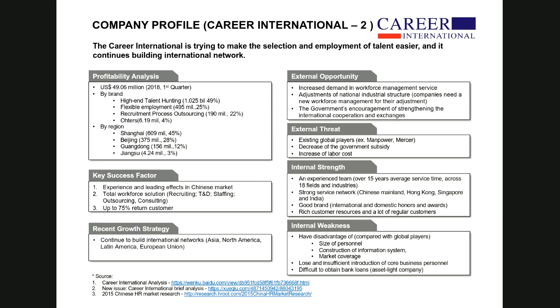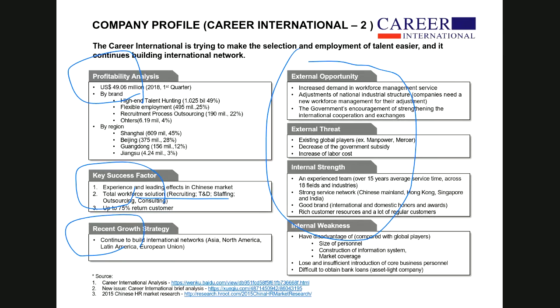And then the profitability, that's a piece of cake. And the key success factors, that was not easy. However, just identify a small number of key success factors, and their growth strategy and the SWOT analysis of these, then we can know what that company is.